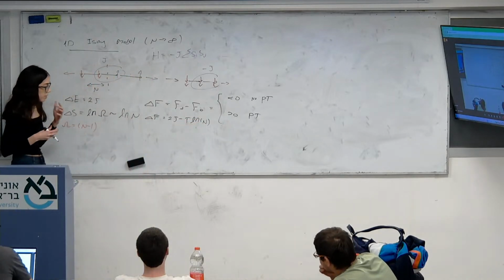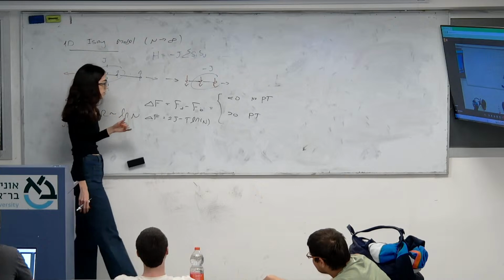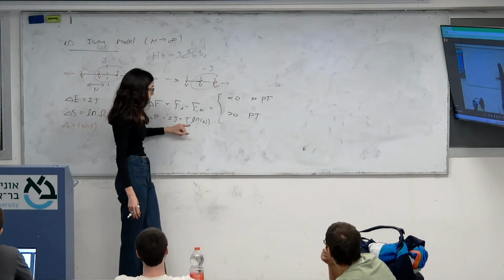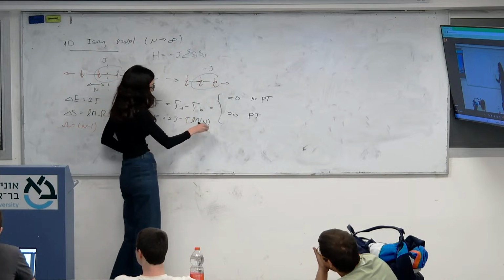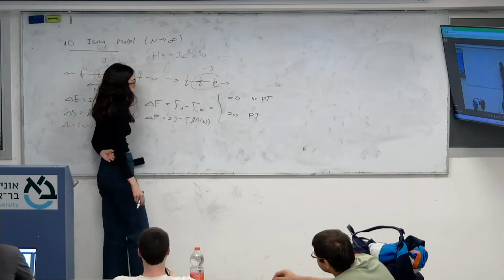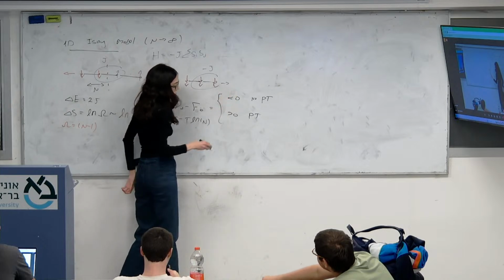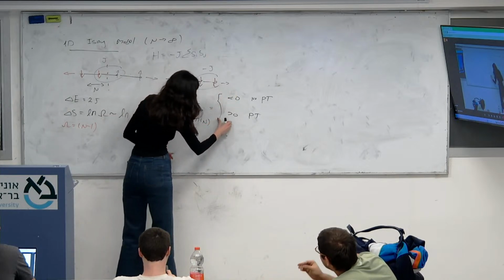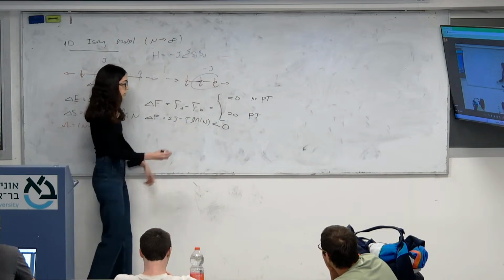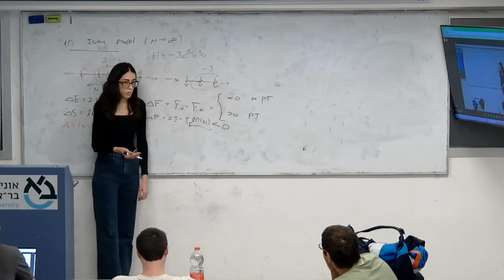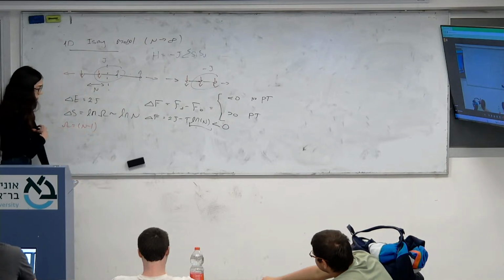So for any finite temperature that I choose, that expression is going to be smaller than 0, because the logarithm of n always dominates the free energy.